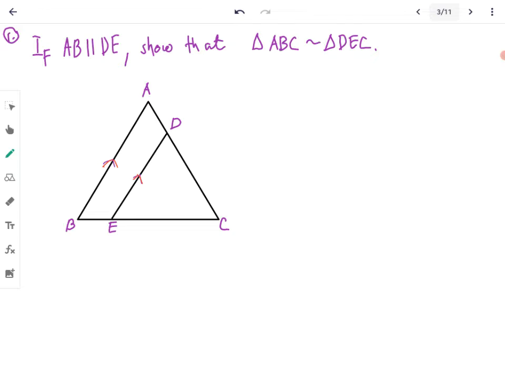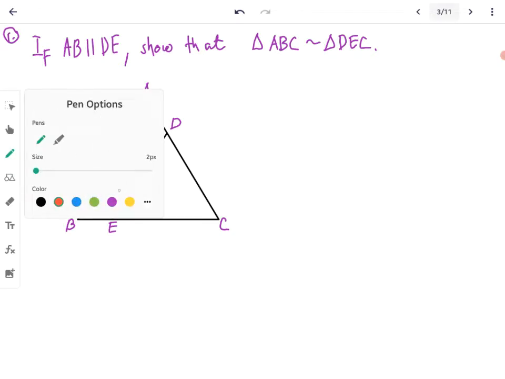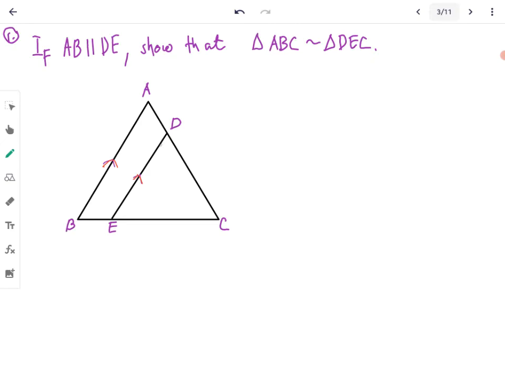As you can see here, when they are parallel, it goes to show that this angle is equal. So we say that angle BAC is equal to angle EDC. Why are they equal?